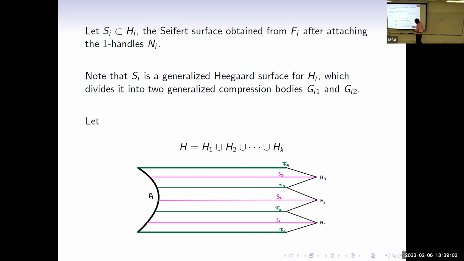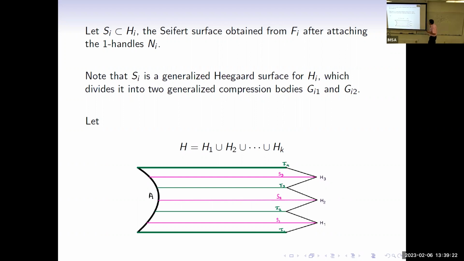So in this level we have a collection of Seifert surfaces. Of course, it might have closed components, a closed surface.